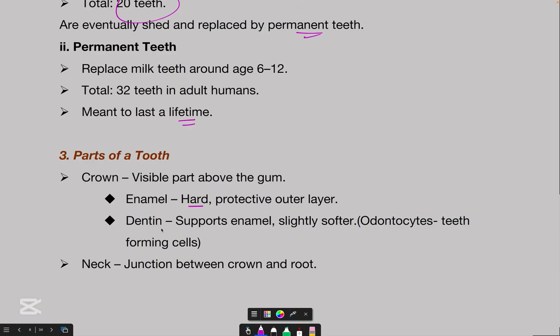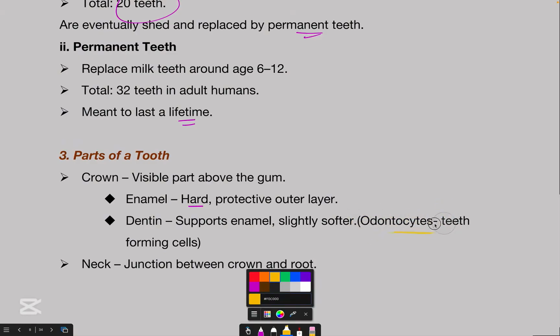The dentine supports the enamel, is slightly softer, and contains the teeth-forming cells, which are called odontocytes. Please put emphasis on this word, odontocytes. Take note of it. It's very, very important.